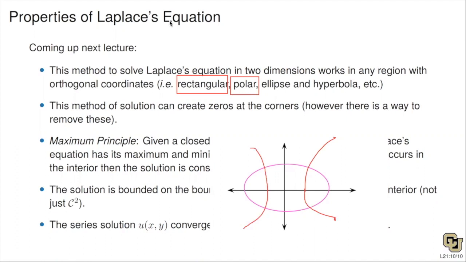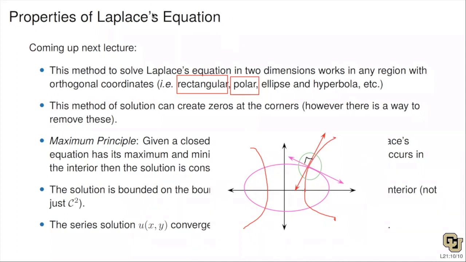So right here, if you look at the tangent line of the hyperbola and the tangent line of the ellipse right where they intersect, these are orthogonal. These form a 90-degree angle.